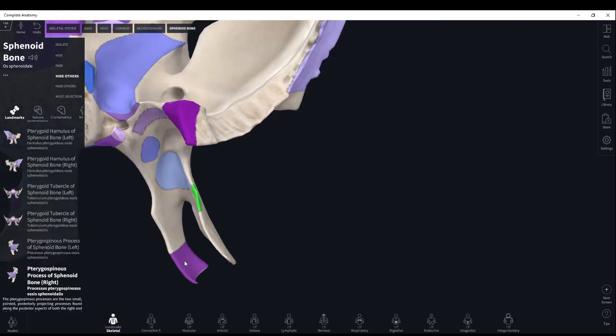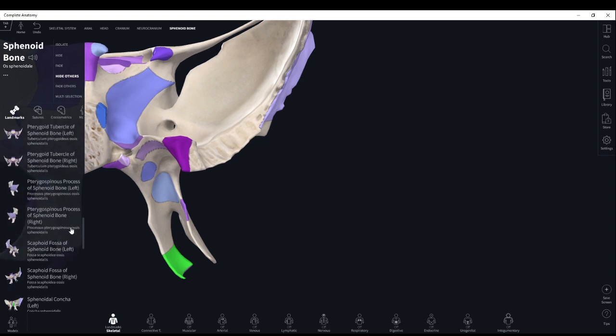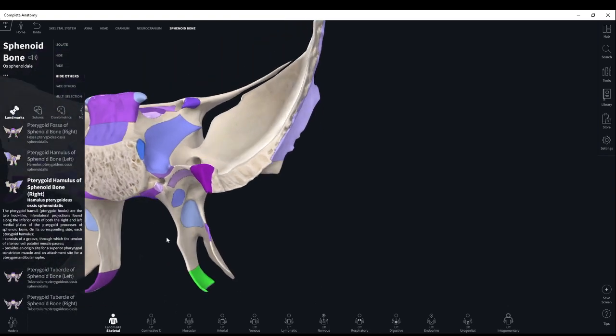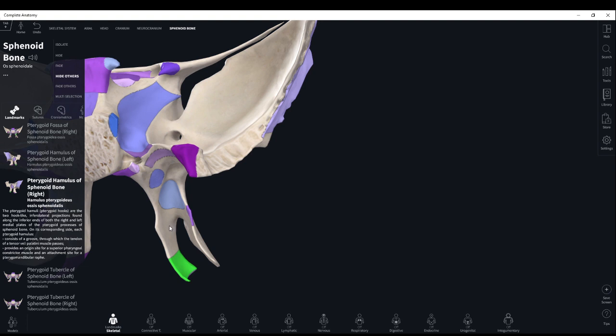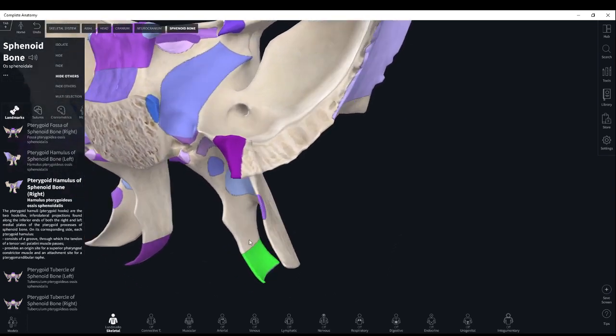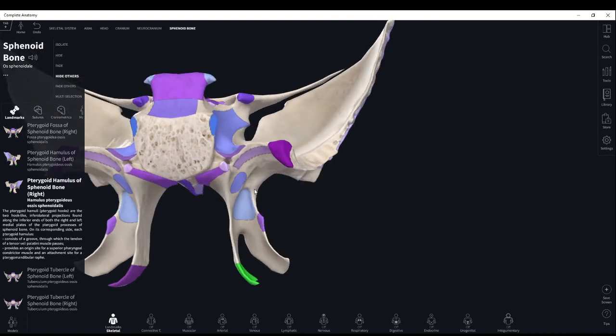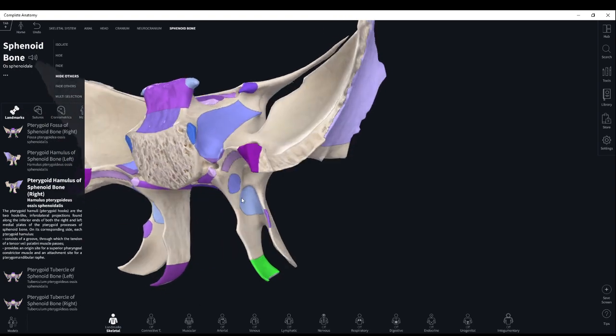On the inferior aspect of the medial lamina, you can see the pterygoid hamulus, the pterygoid hook of the pterygoid process of the sphenoidal bone. Most of these structures of the pterygoid process are places of origin of muscles of the palate and some muscles of mastication.